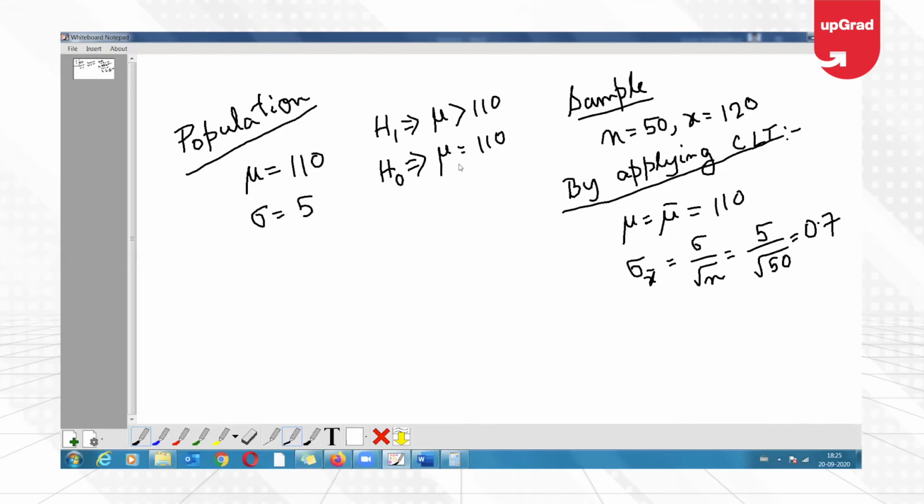Now, as I have said before, there is no point in testing for less than. At best it can be equal. It's very unlikely that it will be less than 110 for these kids.